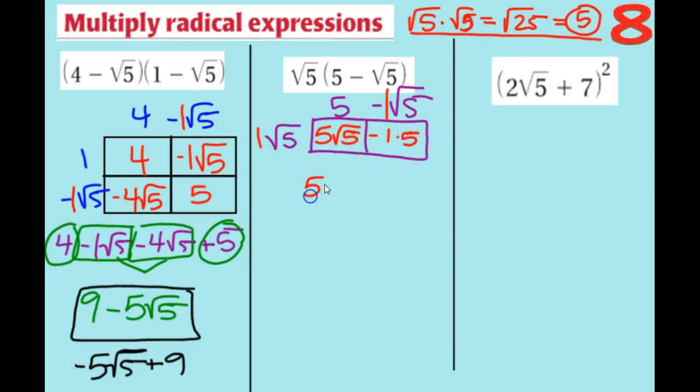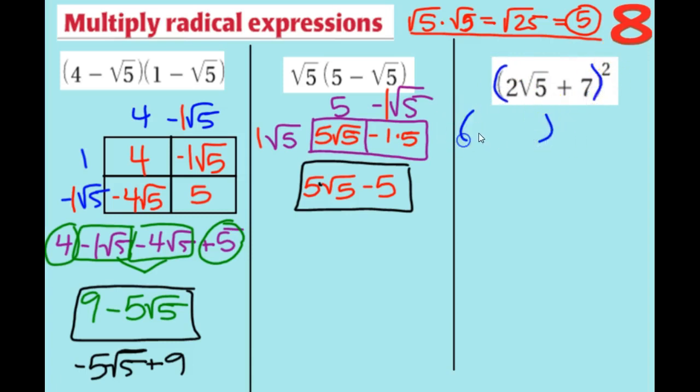So we have 5 square root of 5, and then negative 1 times 5 is negative 5. So we can't combine these together, because this has this multiplied by a square root, this is not. And then last, we have this in parentheses 2 times, so we'd really write 2 square root of 5 plus 7, 2 times.